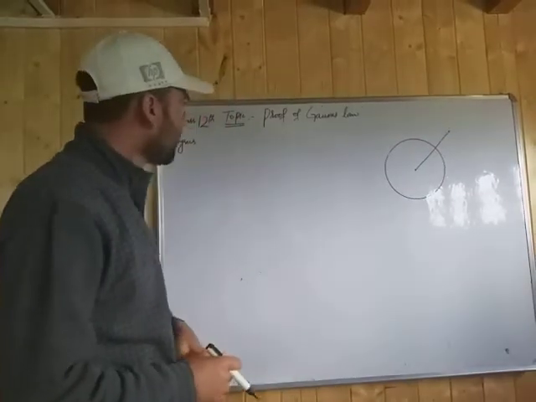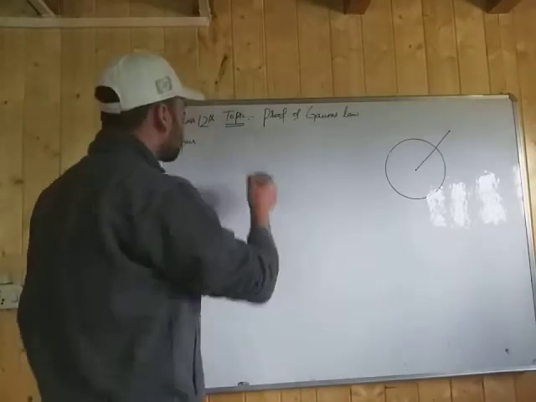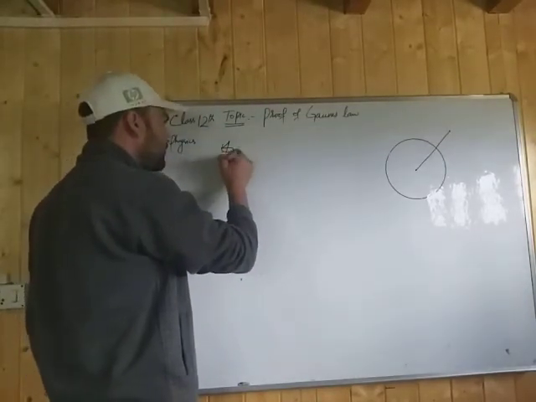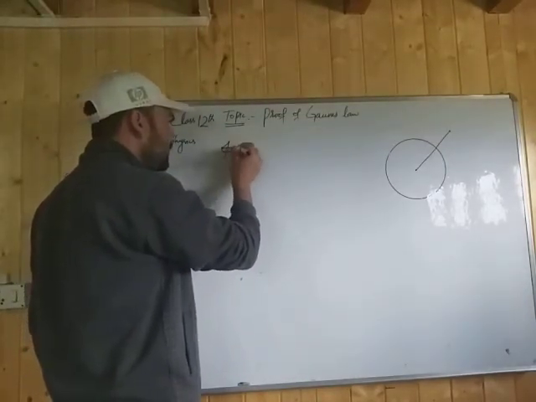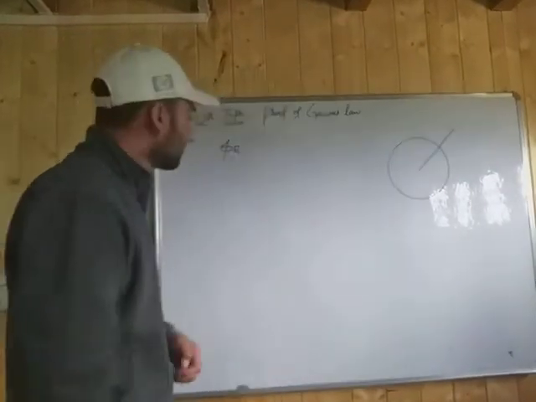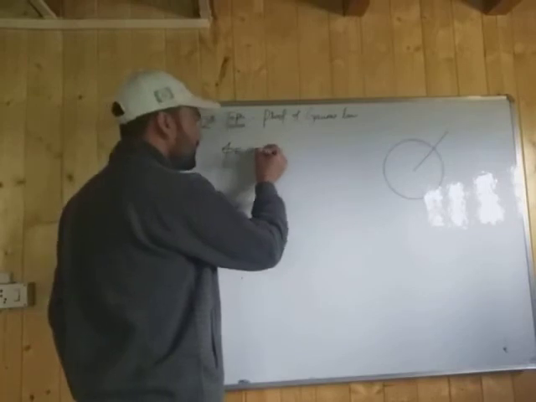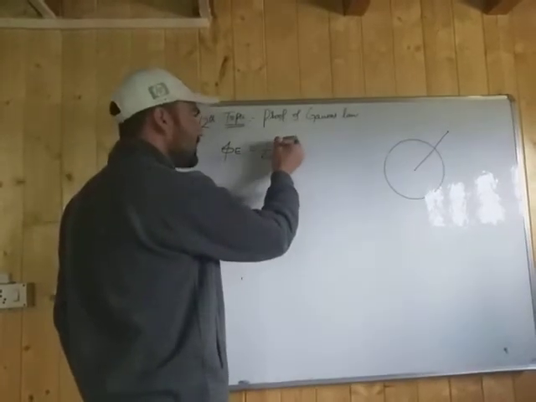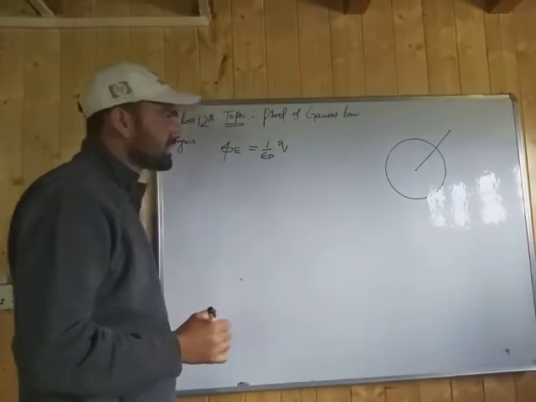So phi E, the electric flux, is equal to 1 divided by epsilon naught times the net charge enclosed by the surface.